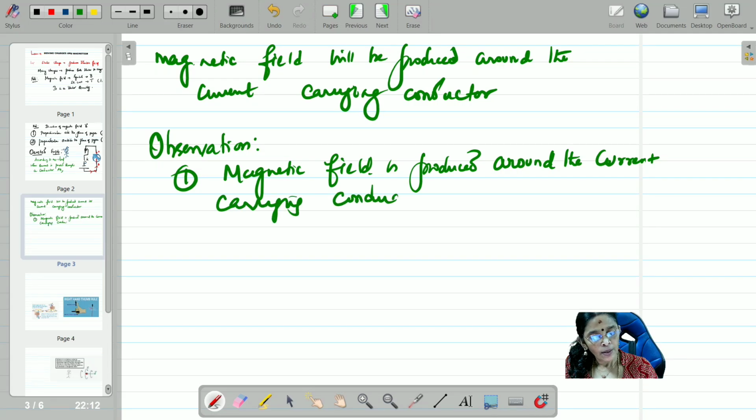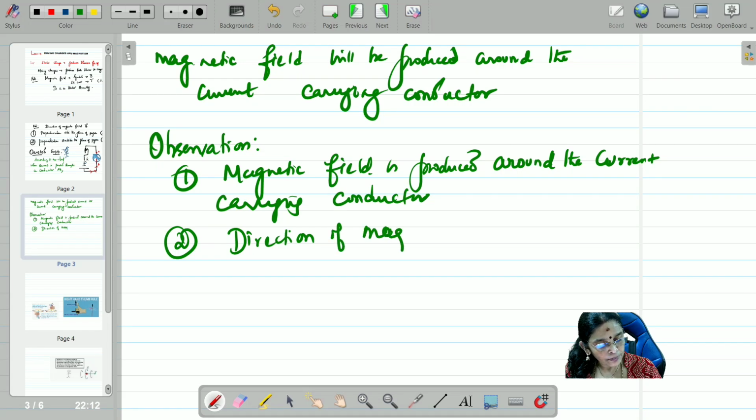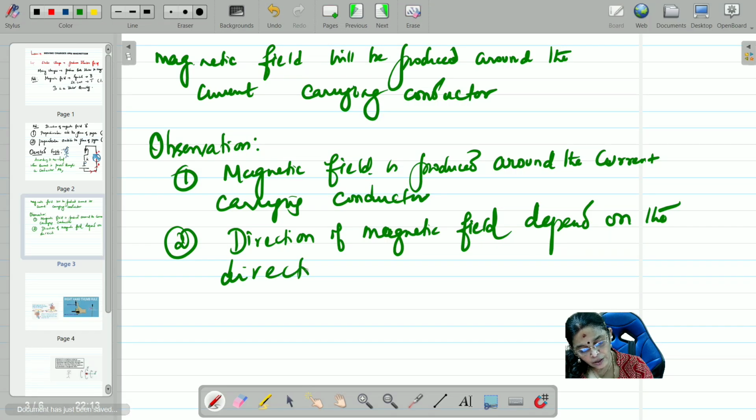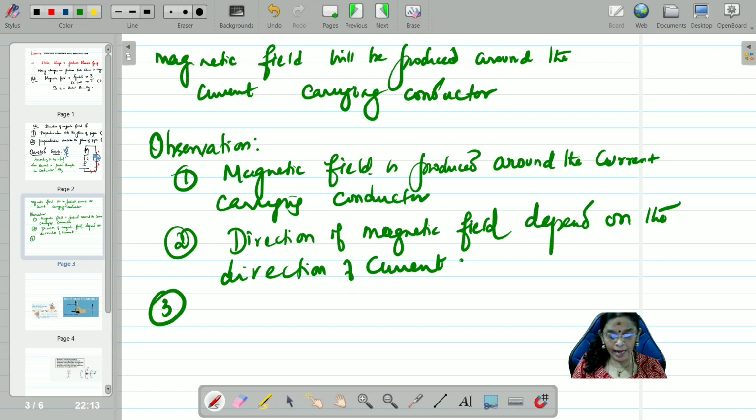Number two, does the direction of the magnetic field depend upon the direction of the current? Yes. So you can write: direction of magnetic field depends upon the direction of the current.